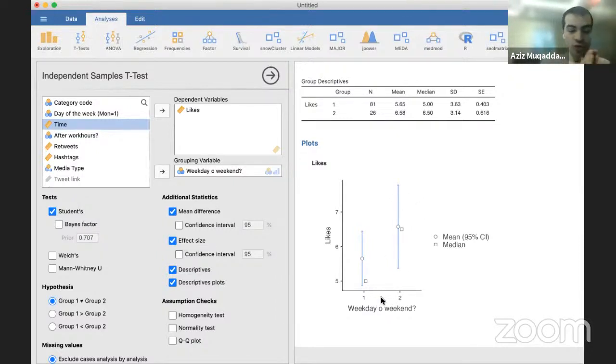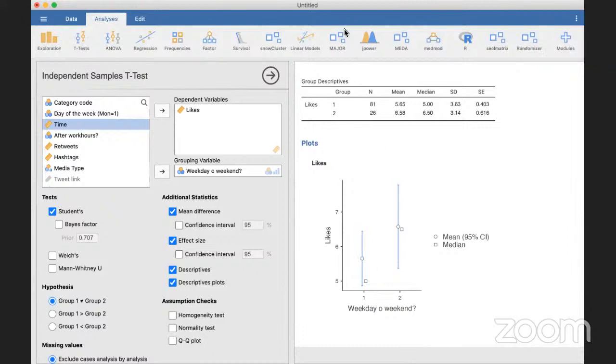Now, I'm going to ask you a question. Look at the mean score of group 1. Does it fall within the range of group 2 or outside the range of group 2? The mean falls inside the range. Right, okay.